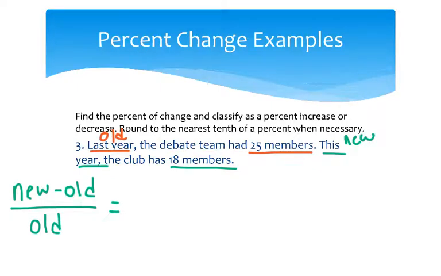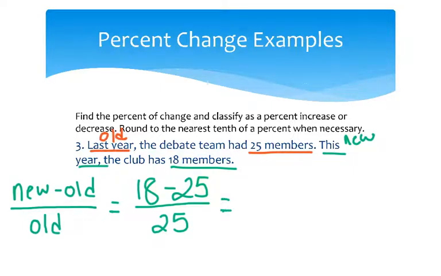So we're going to fill in. So I have 18 minus the old, which is 25, all over old, which is 25. Automatically you guys should be noticing if I have 18 minus 25, you're going to have a negative value. So it's going to be negative 7 over 25.